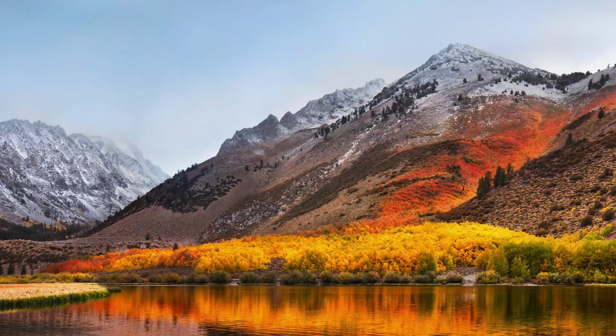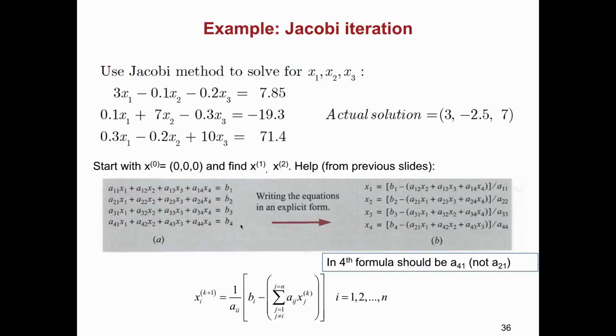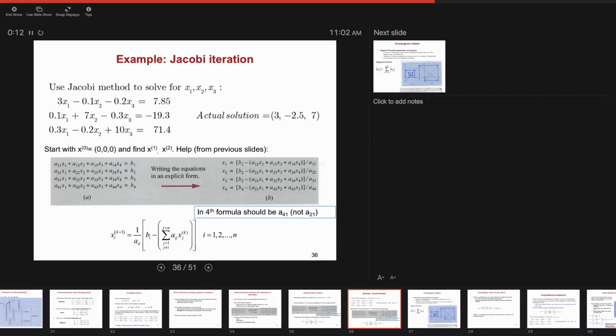Basically, for large systems we need to find an alternative to Gaussian elimination, because with Gaussian elimination a lot of round-off error piles up during the calculation. We have looked into the complexity and how long it takes.